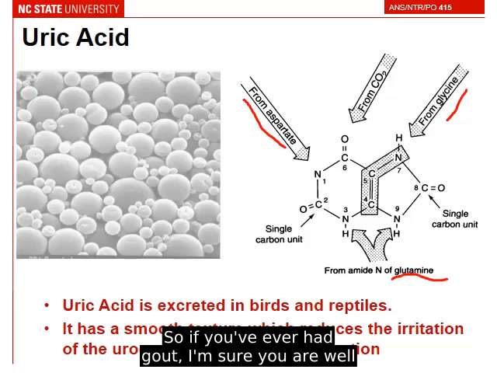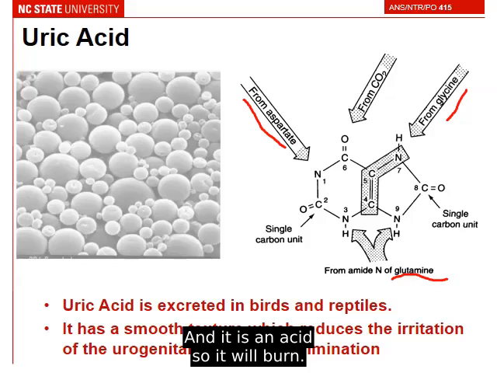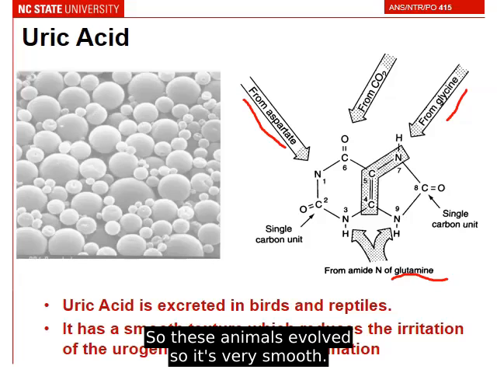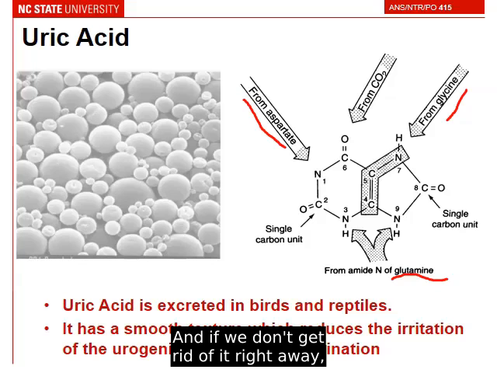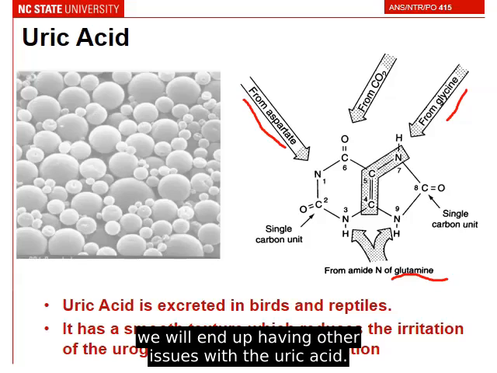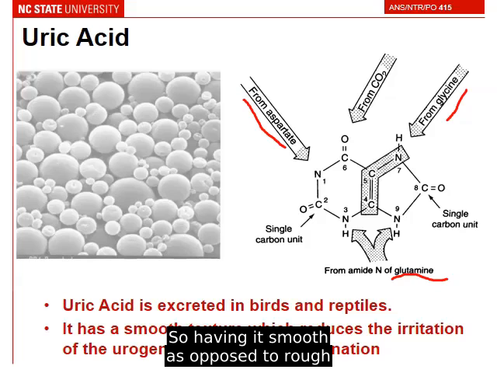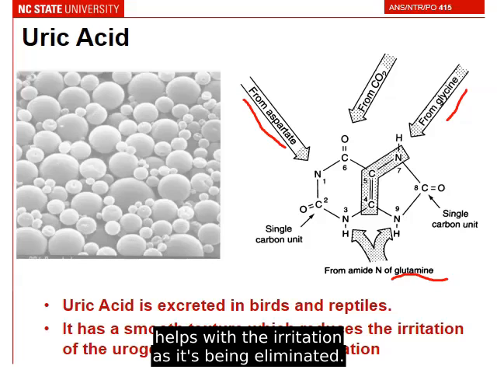If you've ever had gout, I'm sure you are well aware of how painful it is, and it is an acid, so it will burn. These animals evolved so it's very smooth, and if we don't get rid of it right away, we will end up having other issues with the uric acid. So having it smooth as opposed to rough helps with the irritation as it's being eliminated.